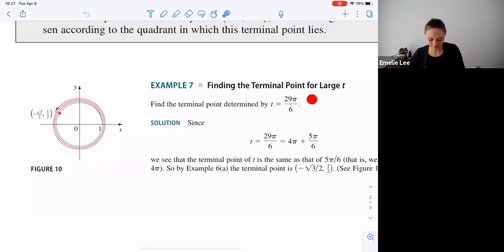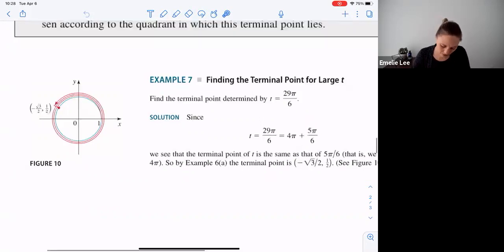You can do 29 over 6 on your calculator, and you'll find that it's 4.833. So that's how they decided to pull out the full 4 pi. 4 pi is 2 revolutions and then some. If I'm able to extract 4 pi from a fraction over 6, well, 4 times 6 is 24, and 29 minus 24 pi over 6 leaves 5 pi over 6.